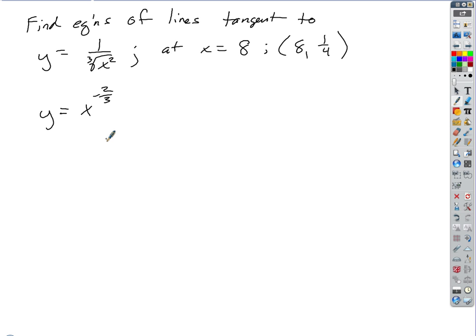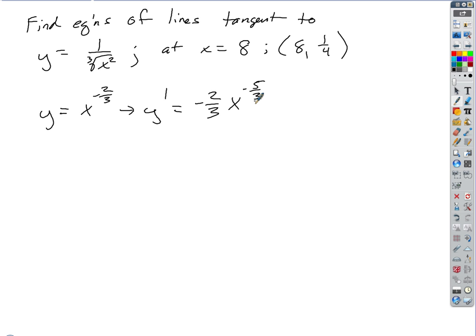Then y prime is, I bring the exponent down in front, times x to the, what's negative 2/3 minus 1? Negative 5/3. To find the slope of the tangent line, what are we going to do with that derivative?